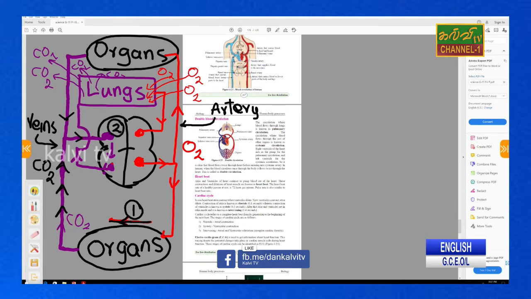This enters the heart. And third is coming to the ventricle. So it will move from 3 to 4. Number 4, it is carried to the lungs, comes through the pulmonary veins and reaches again. This is 5.